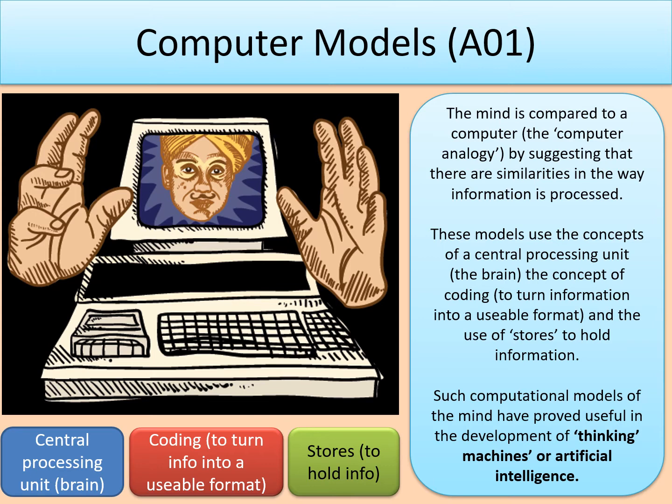Such computational models of the mind have proved useful in the development of thinking machines or artificial intelligence. When you look at that picture, you've got a computer there with a person inside it. It's comparing our brains to a computer and using the same terminology that is used in computing to make a comparison to human brains.